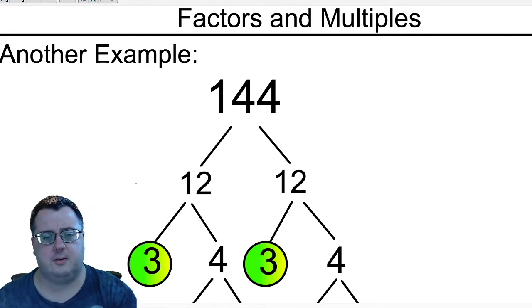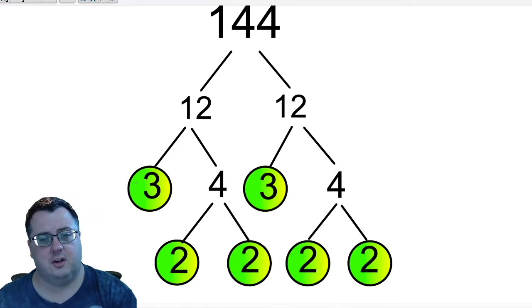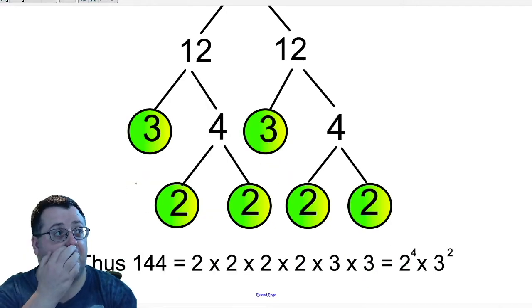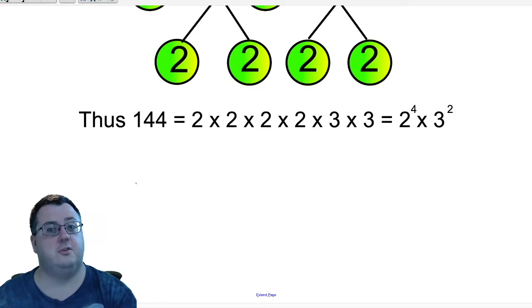So a 12 can be divided into 3 times 4 and 3 times 4, which you can see here. And the 4 can be broken down into 2 2s. So that means 144 is going to give 2 times 2 times 2 times 2 times 3 times 3, which is 2 to the power 4 times 3 squared.